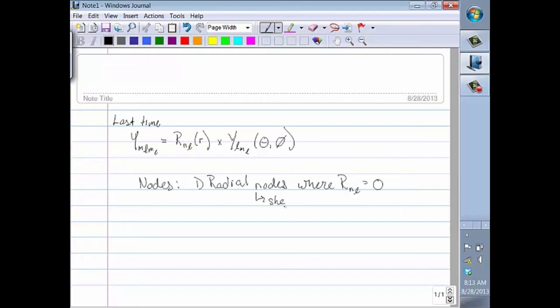These are spherical, and they depend mostly on the shell that you're in. So you will be able to know the number of radial nodes based on, how do you know how many radial nodes there are? Based on what you know right now. So if you're in that 1s orbital, are there any radial nodes?